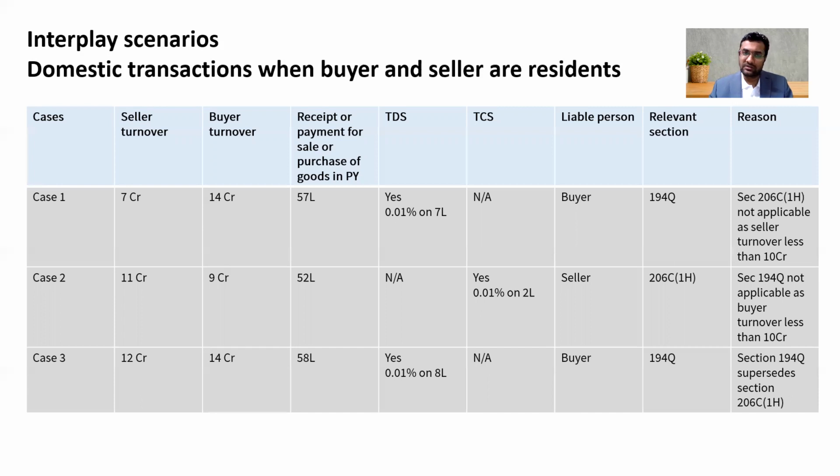The case in question is 58 lakh rupees, so the taxable amount is 8 lakh rupees at 0.01%. But in case 206C is applicable, which was an erstwhile section, then 206C will prevail and supersede 194Q as well.